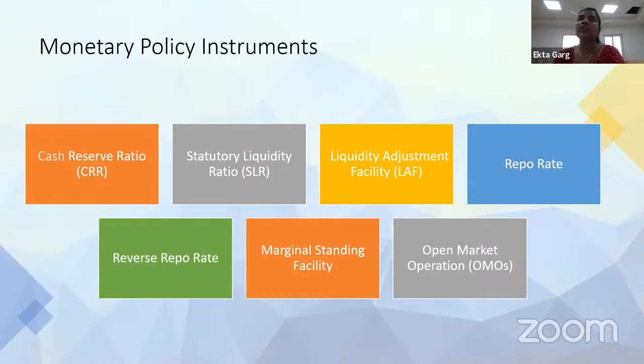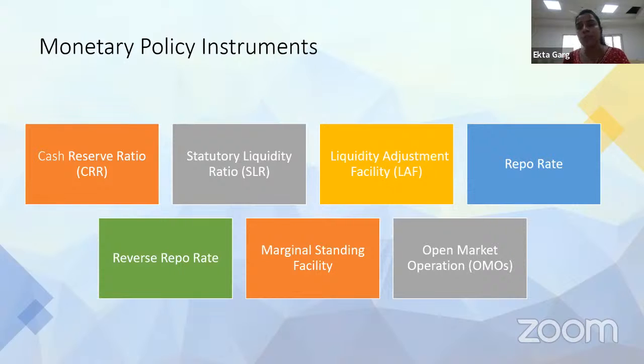Obviously the bank's motive is to increase profit, and they would like to give all of their deposits to lending so that they can have more and more profits. But this might create the problem of a bank run in the economy if all the funds are given in lending form and there is nothing left with the bank. If any person wants to withdraw money, the bank will not be able to give the money to its consumers or depositors.